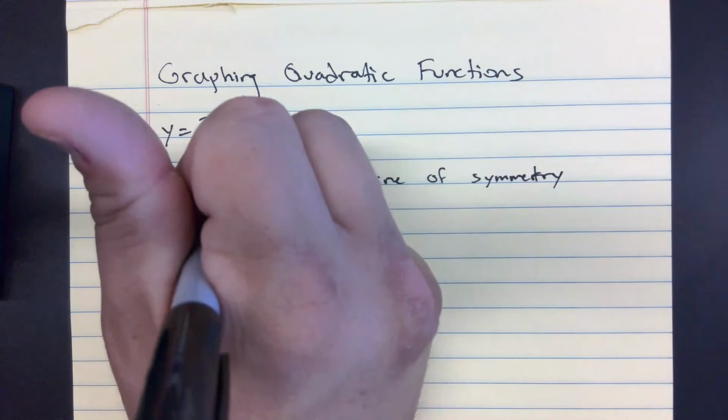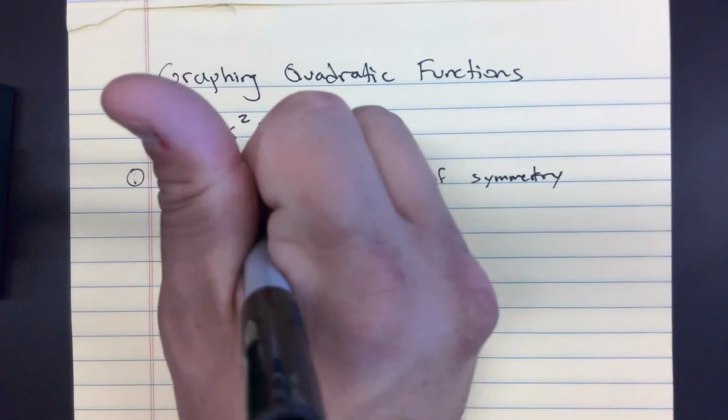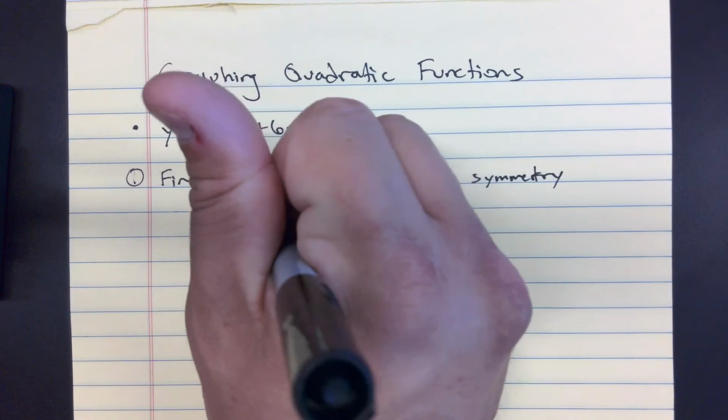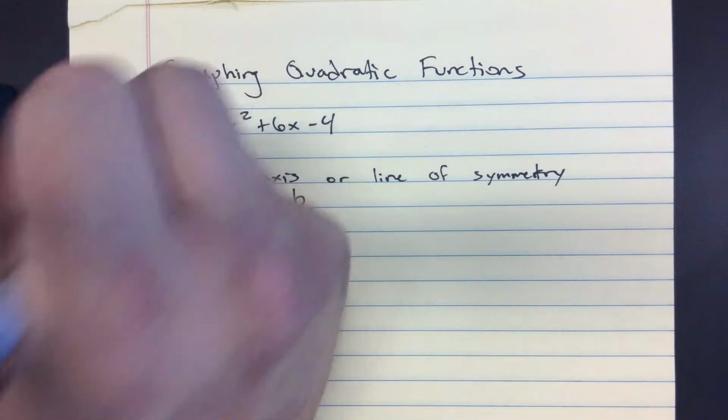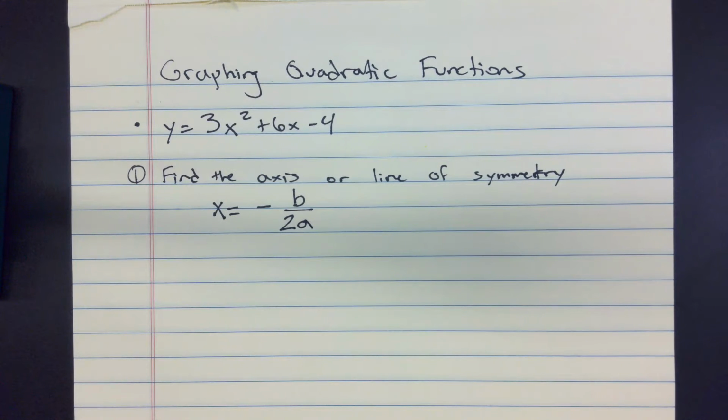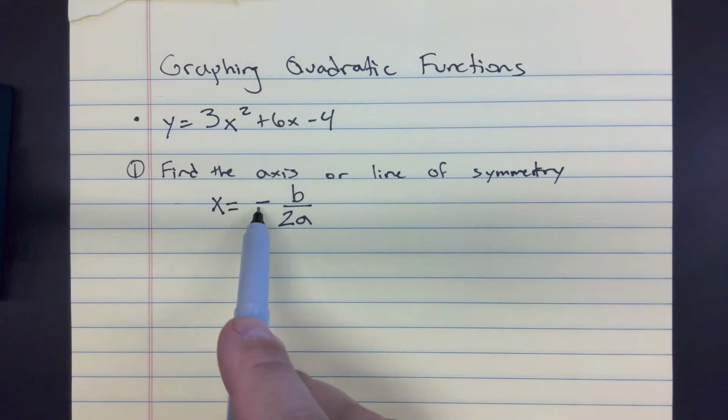And that is found using this formula. X equals negative b over 2a. And this is very important because you have to do these steps. So first step, we're going to find the axis of symmetry. We find it by going negative b over 2a.